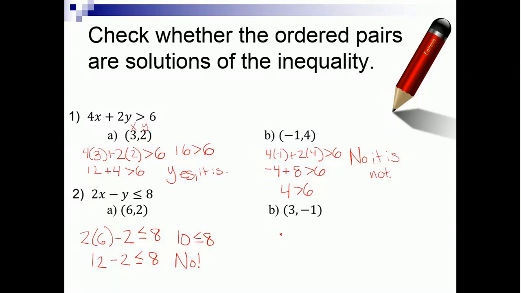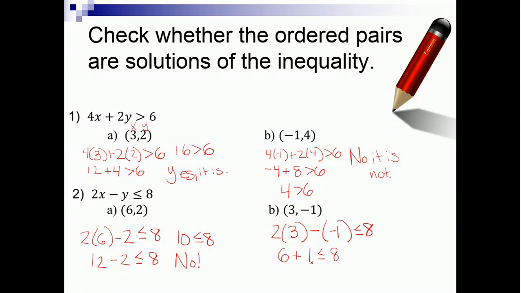Let's try the point 3, -1. Let's see if that works. So I'm going to go 2 times 3 minus a -1 is less than or equal to 8. So 2 times 3, that's 6. Now notice I put that -1 in parentheses because I already had a negative. So these double negatives are going to become a plus, right? Because if I subtract a -1, technically I'm adding 1.